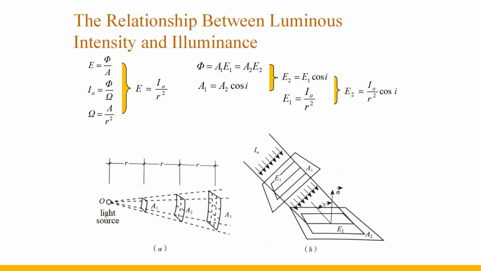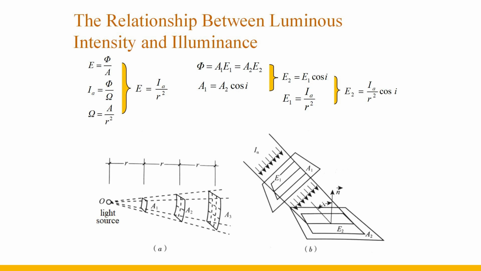From the definitions of luminous flux, illuminance, and luminous intensity, it can be known that the luminous flux falling on A1, A2, and A3 is the same. The luminous intensity is the same, and only the illuminance changes with the illuminated area. From this, the relationship between luminous intensity and illuminance can be derived, that is, the inverse square law of distance.